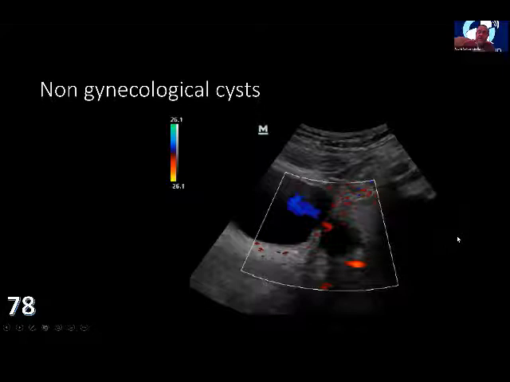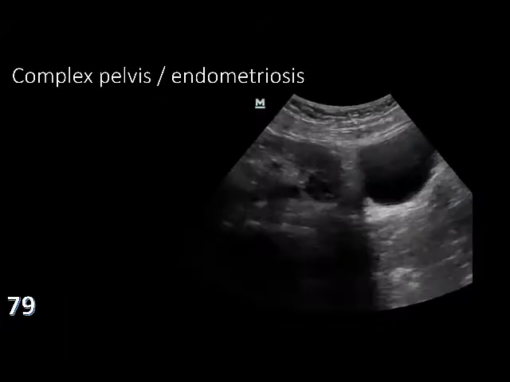That's a urinary diverticulum, a bladder diverticular disease. Sometimes it's genetic, sometimes it's due to an injury, a partial injury of the bladder after surgery, but that's not an ovarian cyst.